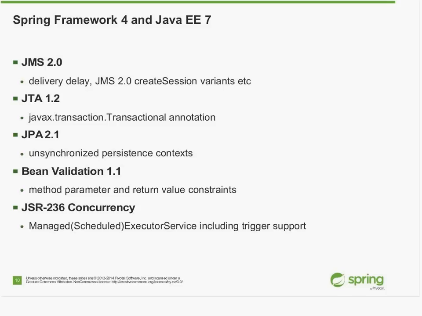This is an old JSR. It's been promised for so many years. It fundamentally defines rules for exposing user-defined thread pools from an application server to an application, and also to an application framework, of course. So if you're familiar with some of Spring's functionality that requires thread pools, you might be aware that we have a task executor abstraction, a task scheduler abstraction.